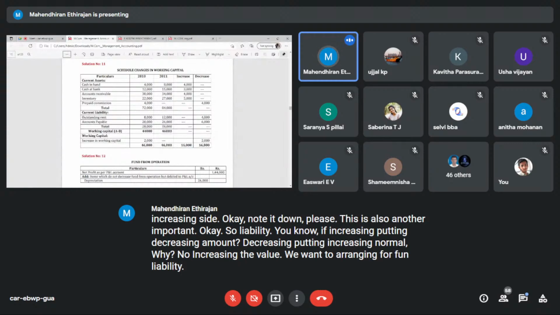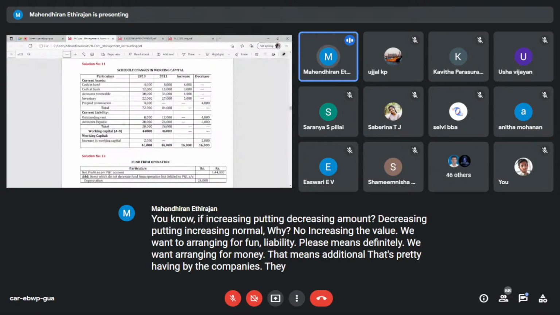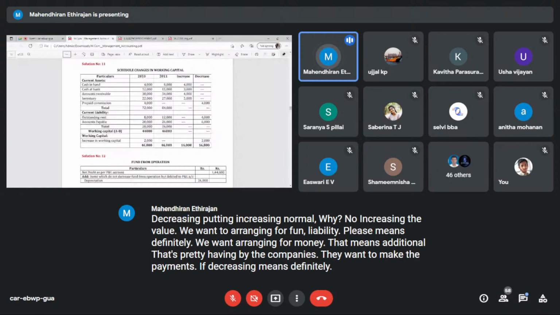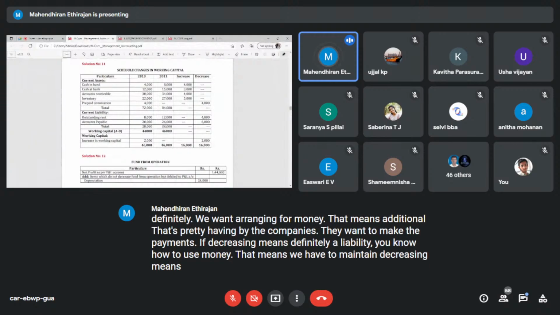Liability increase means definitely we have to arrange money, meaning additional responsibility for the company, and they have to make the payments. If it decreases, it means we already made the payment, whatever it may be.